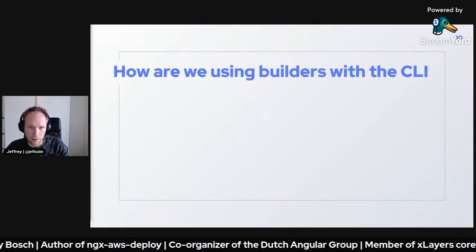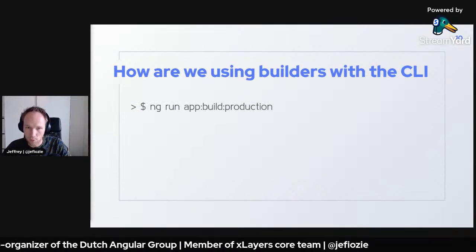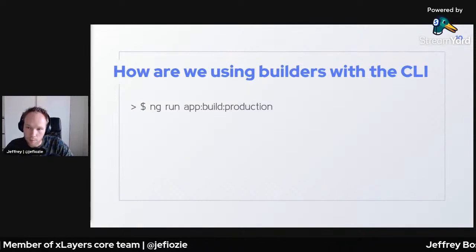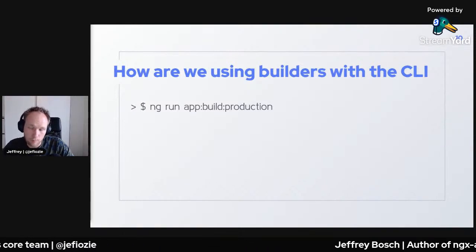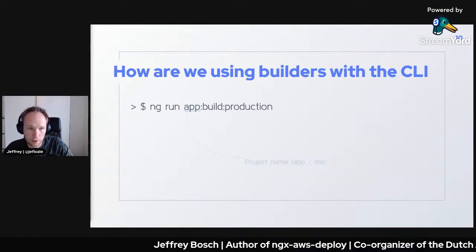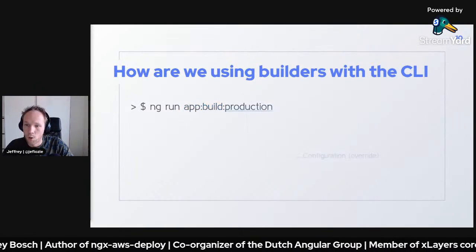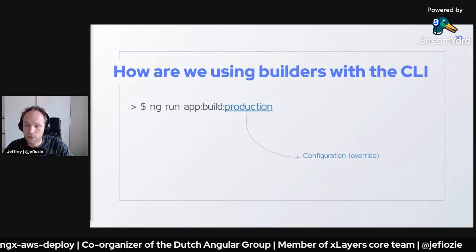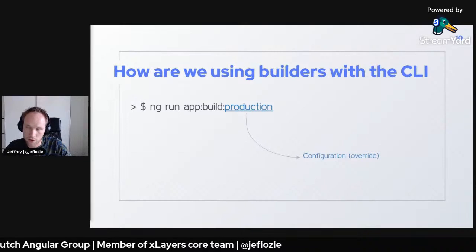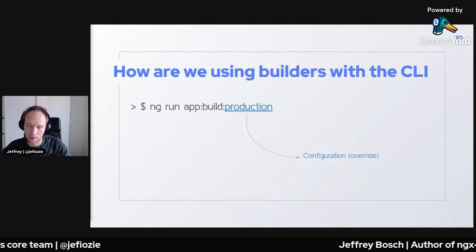However, there's also another command that we don't use that frequently, and that's ng run. And with ng run, we can do a couple of things. One, we can build our production app, and that's done by basically saying, okay, I want to ng run my project with a specific architect target with some configuration. And as of today, ng build --prod is replaced, and you can do --configuration, and depending on which you want, development or not, you can use that.